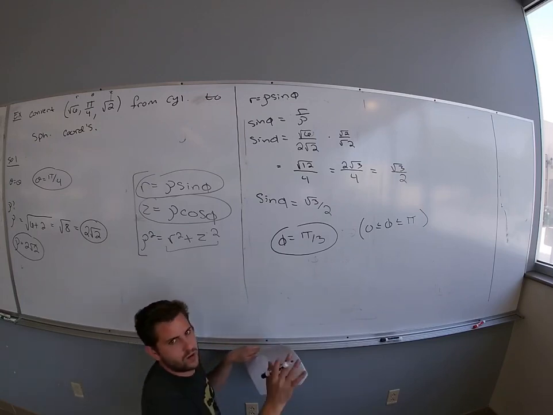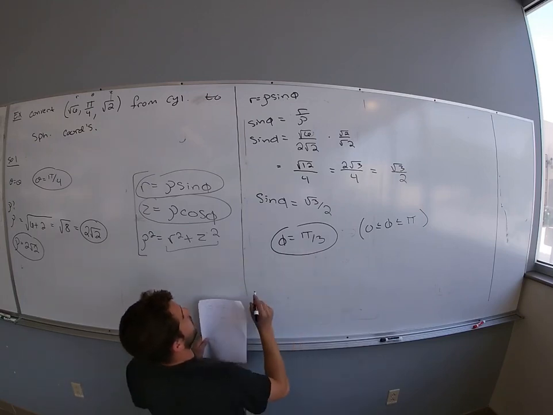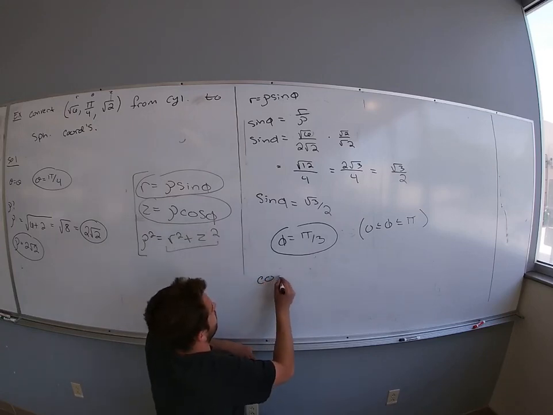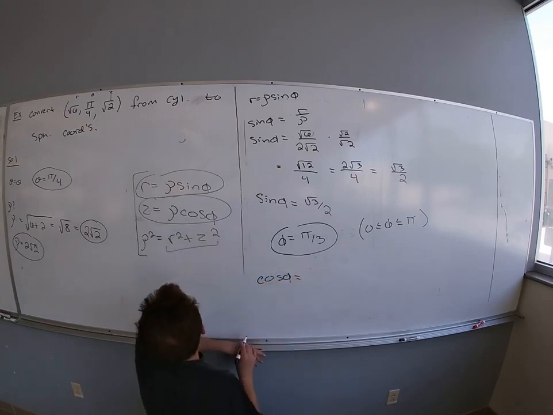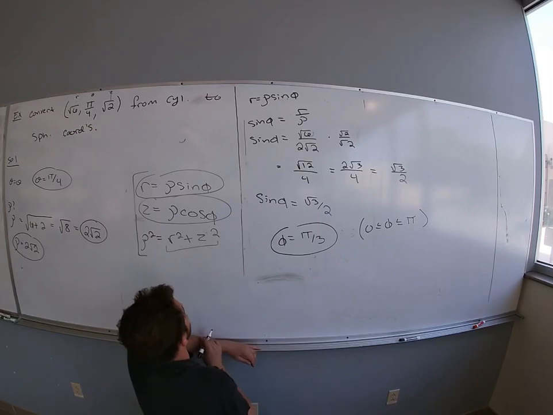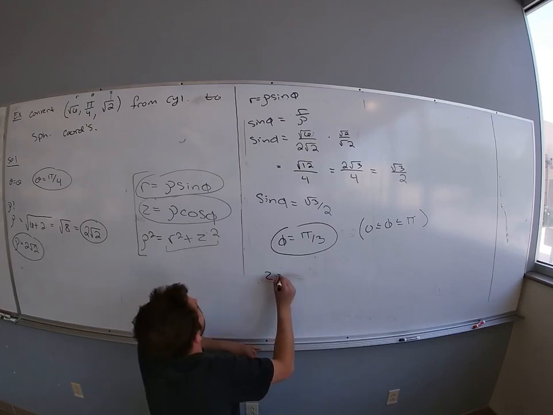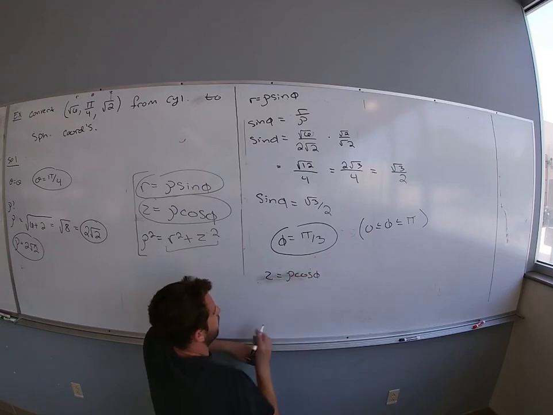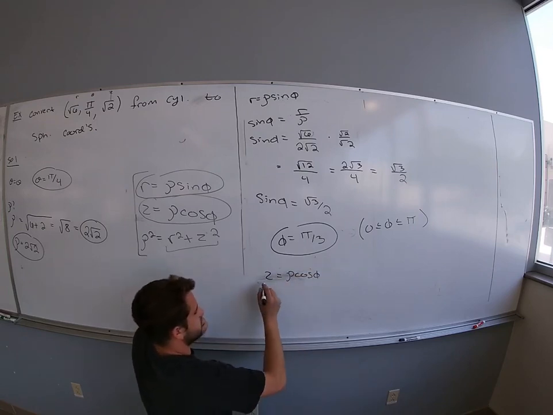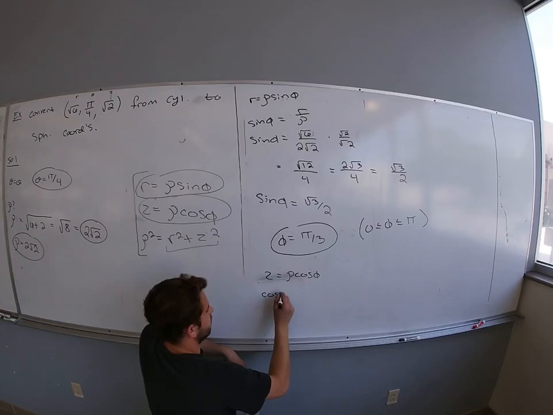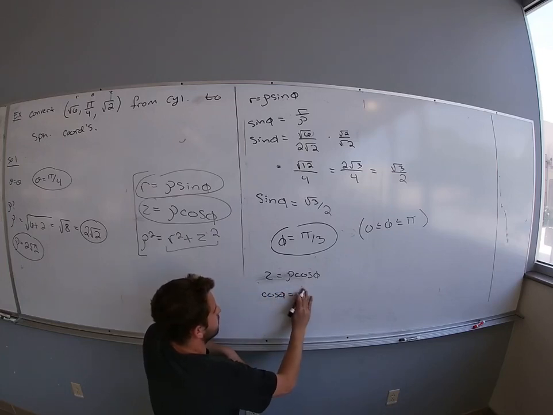Like I said, we're already there, but if I wanted to make sure that I didn't make a mistake here, so cosine of phi equals, or sorry, z equals rho cosine of phi, okay? So dividing this over, I get cosine of phi equals z over rho.